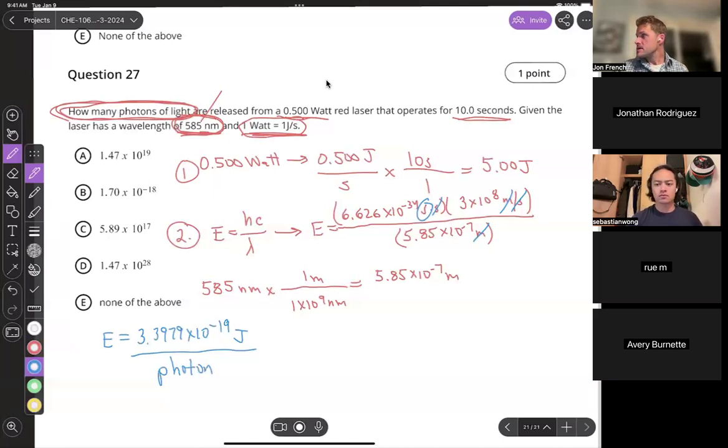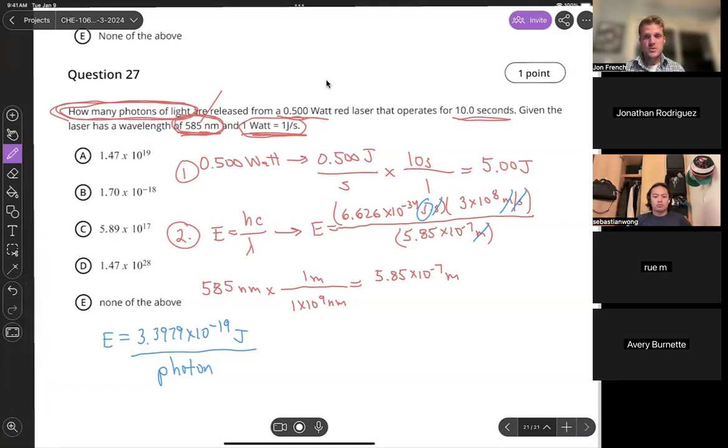When we did this problem in class, somebody was asking what equation to use for the last step. This is not really a place where we need an equation. It's more just dimensional analysis. For the last step I have 50 joules of energy, and I need to know how many photons I would need to make up that energy.